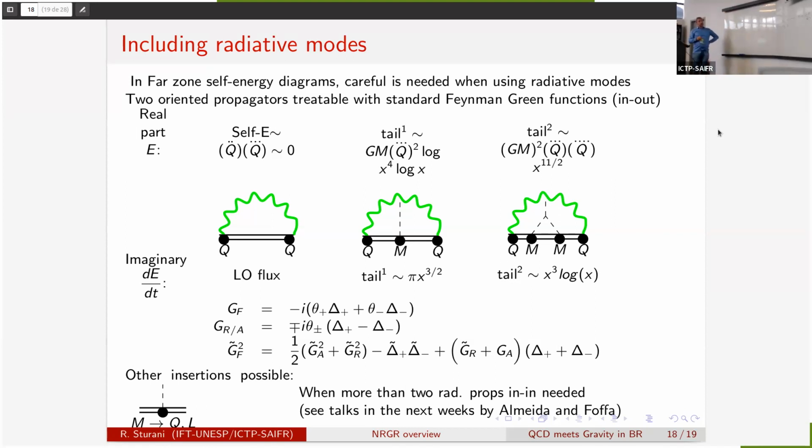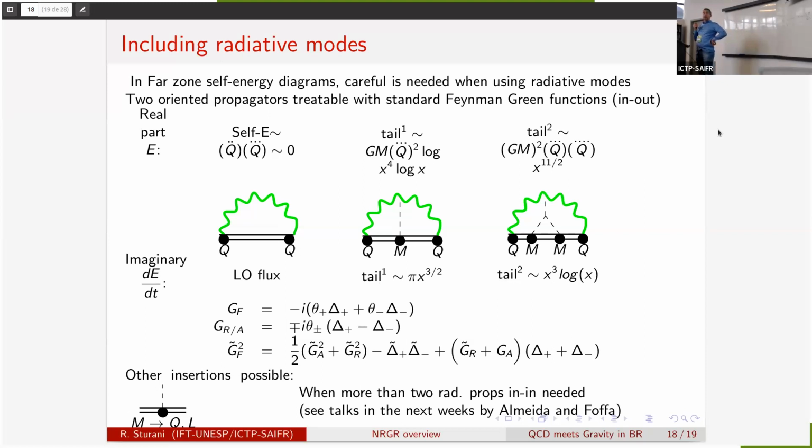Here a technical point arises: if you want to use the particle physics method straight away, you want to use Feynman boundary conditions, and Feynman boundary conditions are wrong for this system, because this guy emits one radiative mode and then it absorbs. So you should use retarded-advanced boundary conditions, which are not Feynman boundary conditions.